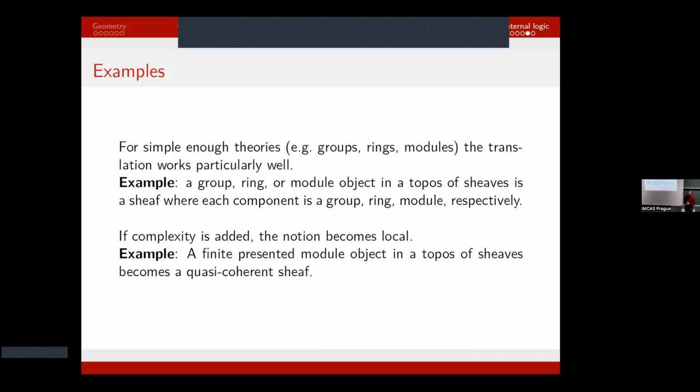Okay, also a very naive question. When you say group, ring, or module in a topos, a sheaf where each component is a group, it means that the small category, each object is a group, or no, it means that a group object in the category would be G over the site, so G from C to Set.